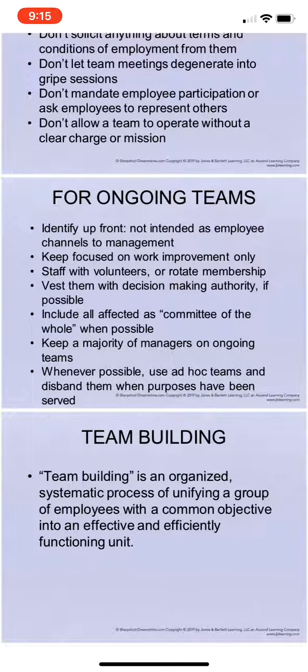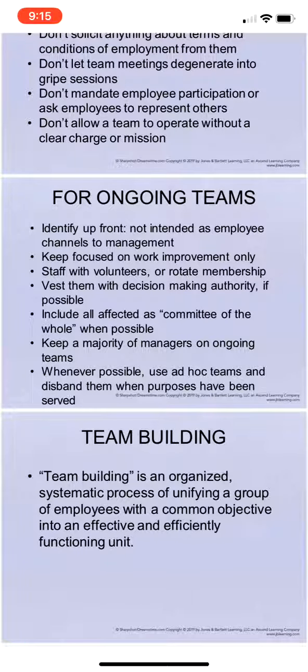Beyond one-time or limited informal gatherings, and in the realm of actual teams or committees, it is important to keep the following 7 points in mind. Number 1, when establishing a team or committee, identify it up front as not intended as an employee channel to management. So identify up front.